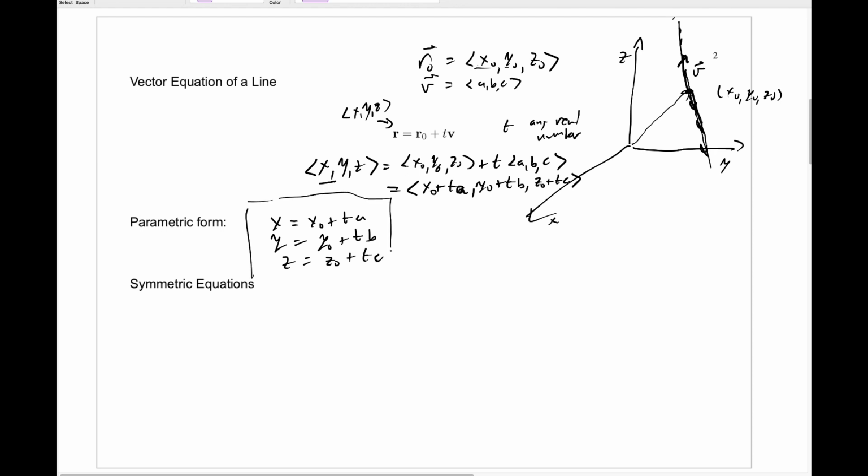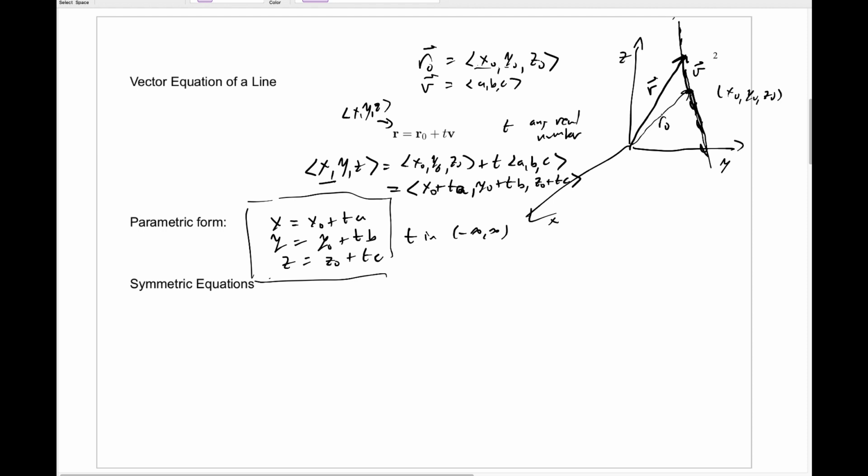We call this the parametric form of the line because here t is just any number on the whole real line. You pick any number t, you plug that in, think of t as your parameter, just the way we were talking about parametric curves at the beginning of the quarter. Whatever value for t you pick, you get a point x, y, z on the line. We can think of that as a vector r lying on the line, meaning the tip lies on the line.